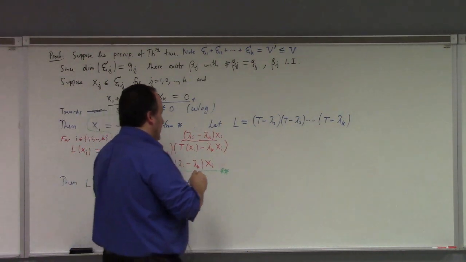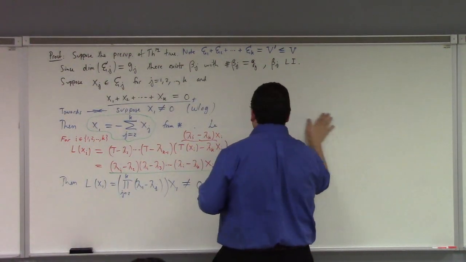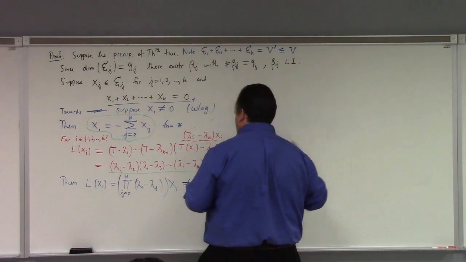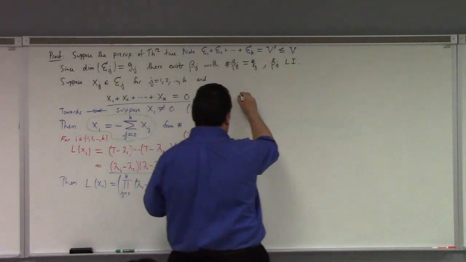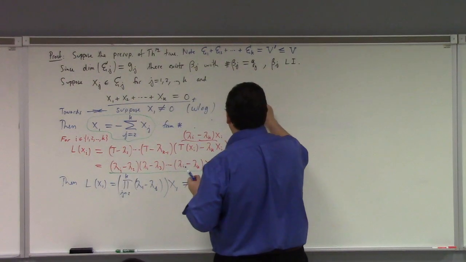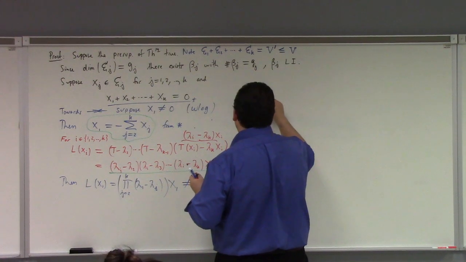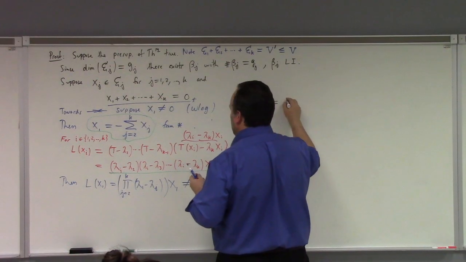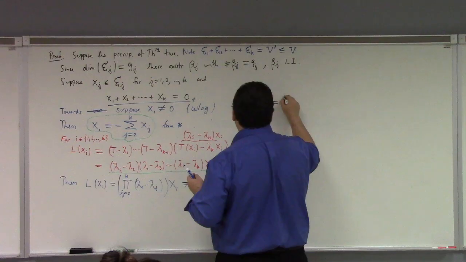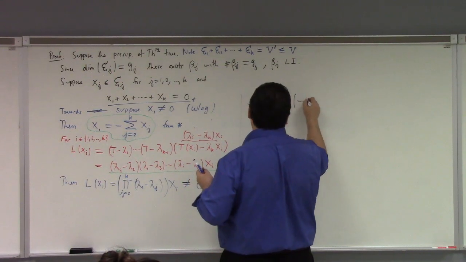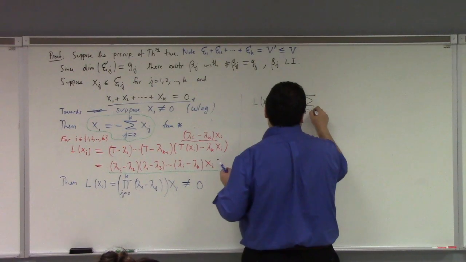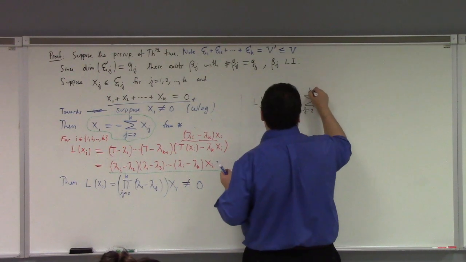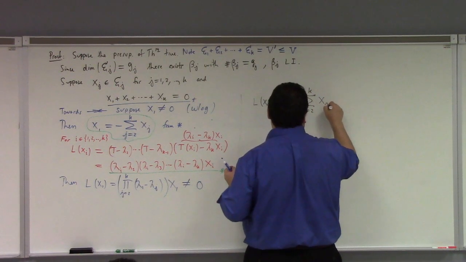And you'll forgive me for erasing the definition of L. L of x1 is also equal to L of minus the sum j equals 2 to k of x sub j, right?